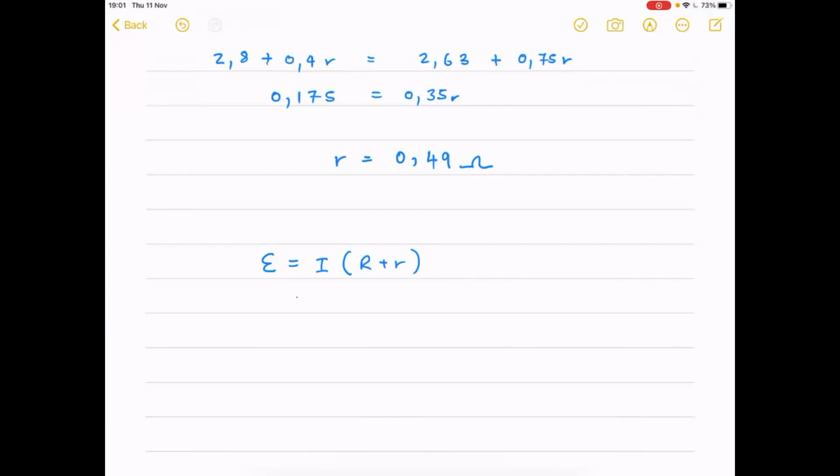So let's just use 0.4 for the current and the correct resistance, 0.49 for the internal resistance, and you get 2.996 volts. If you put some other values in there, you might just get an answer of 3 volts. But that's how you do it.